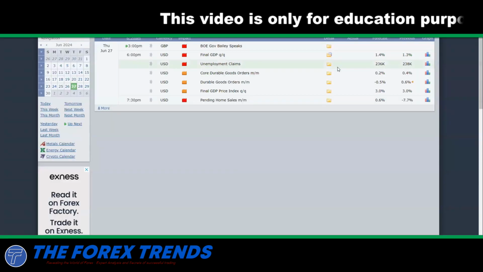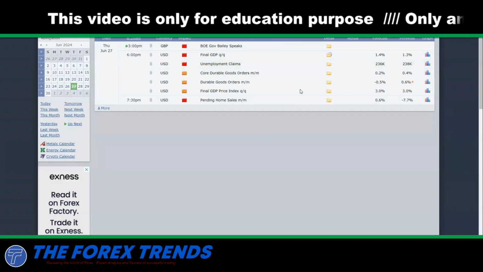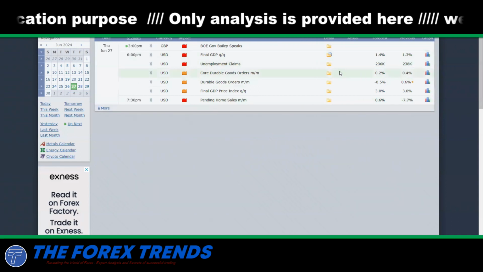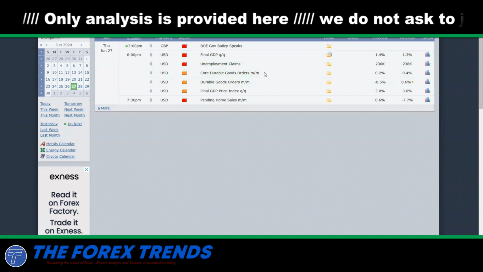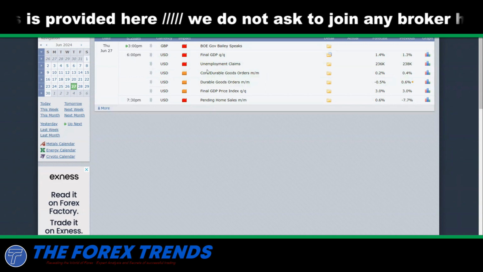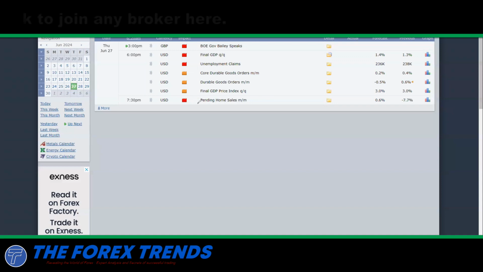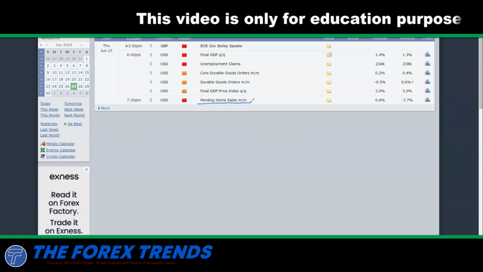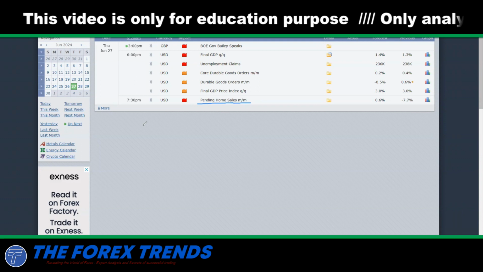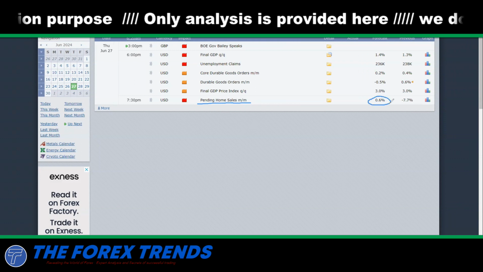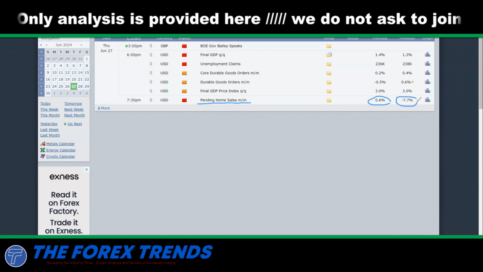Okay, so we will act as per the data of GDP, after the release of the data. After that we have pending home sales month over month at 7:30 p.m. IST. It is also a big news, and there is a huge difference between previous data and forecast.